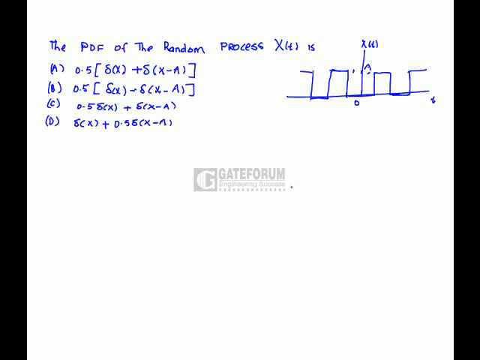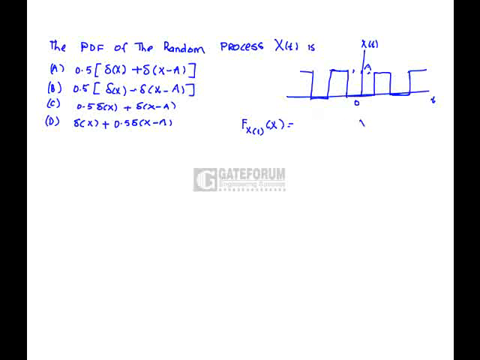What is the PDF of the random process X of t? See, we know that the distribution function of X of t is nothing but, see, there are only two levels, 0 or a.